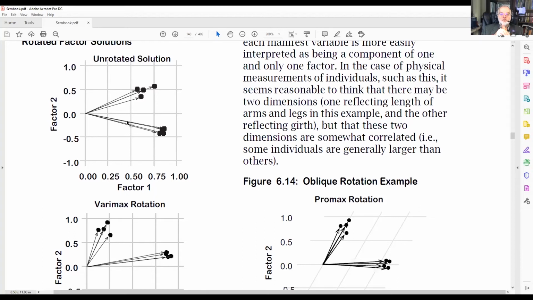First of all, it comes up with an estimate of what the standard deviation of a variable is in absence of any measurement error. And secondly, it represents how those variables are related to each other by means of vectors.